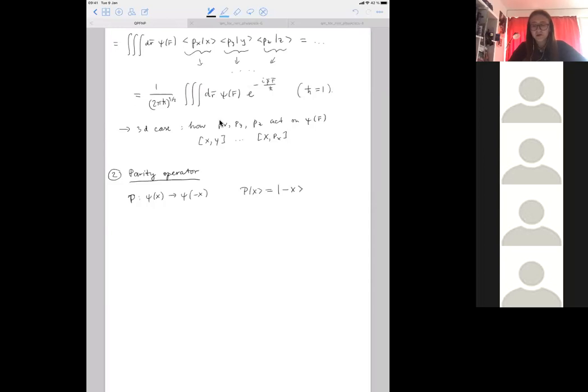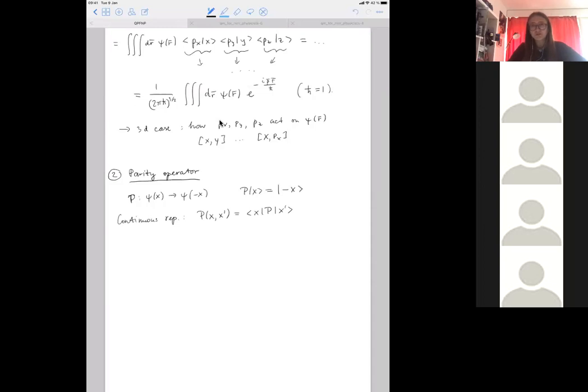The first thing that we have to find out is what is the continuous representation of this operator? As you've seen in the lecture, the continuous representation is called P of x, x prime in this case, and it's just the value of P when it's squeezed between the bra x and the ket x prime.